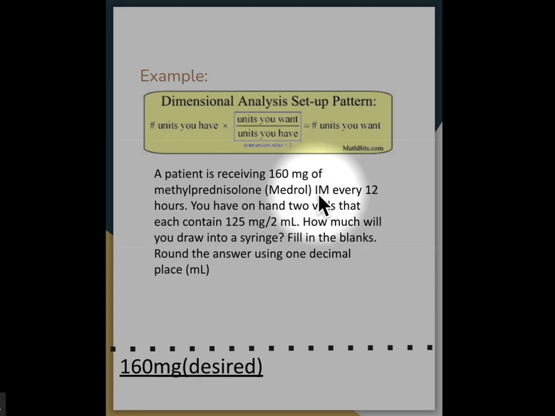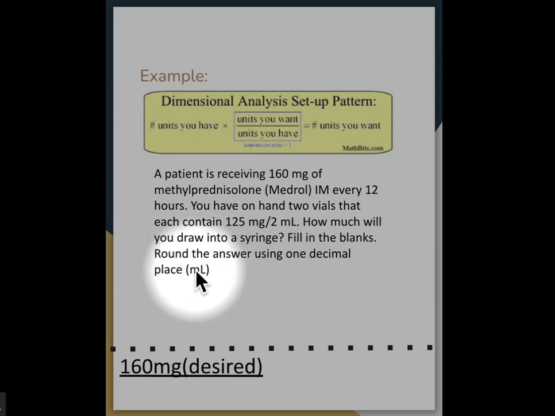They're getting it IM, or intramuscular, every 12 hours. You have on hand two vials that each contain 125 milligrams per 2 milliliters. We've already got us a rate. How much will you draw into a syringe? Fill in the blanks. Round the answer using one decimal place, and the answer will be in milliliters.